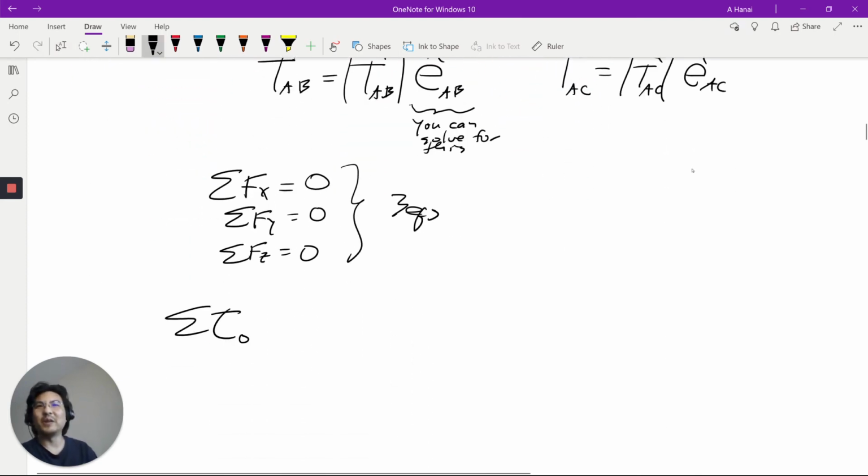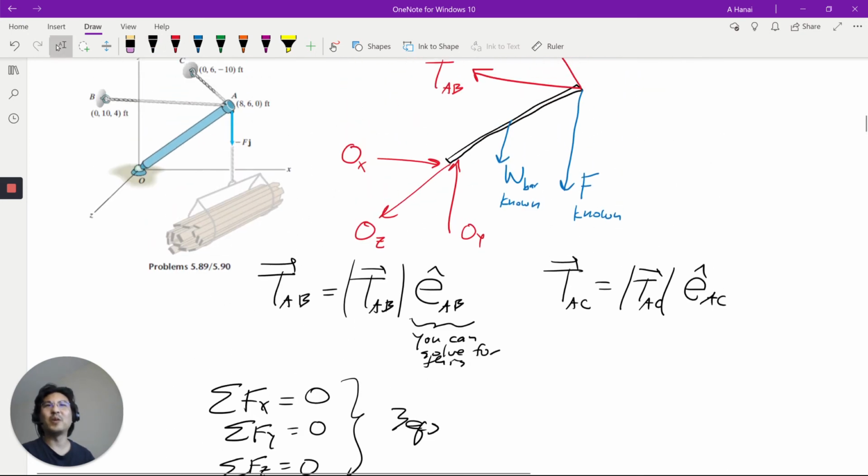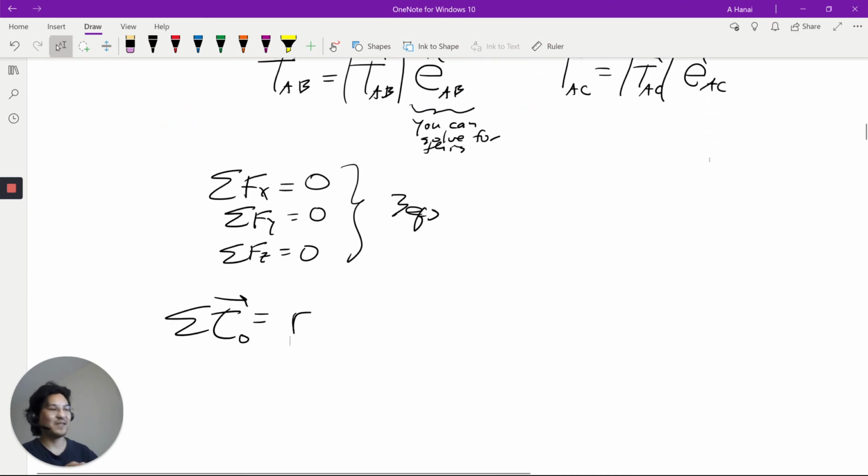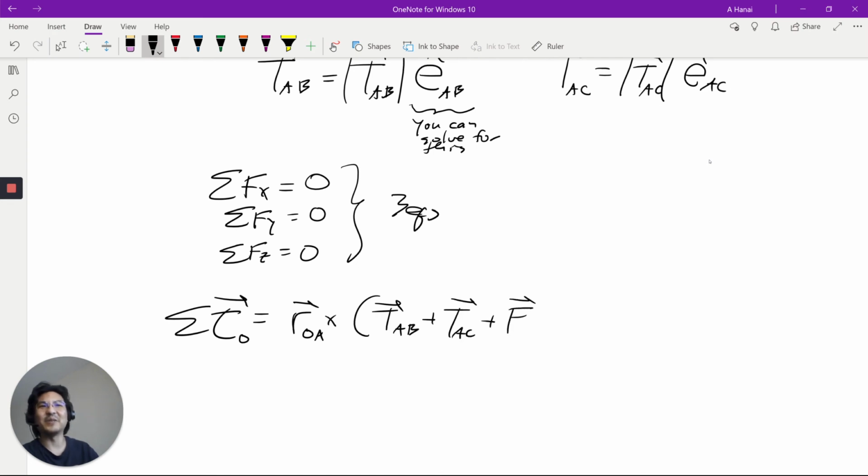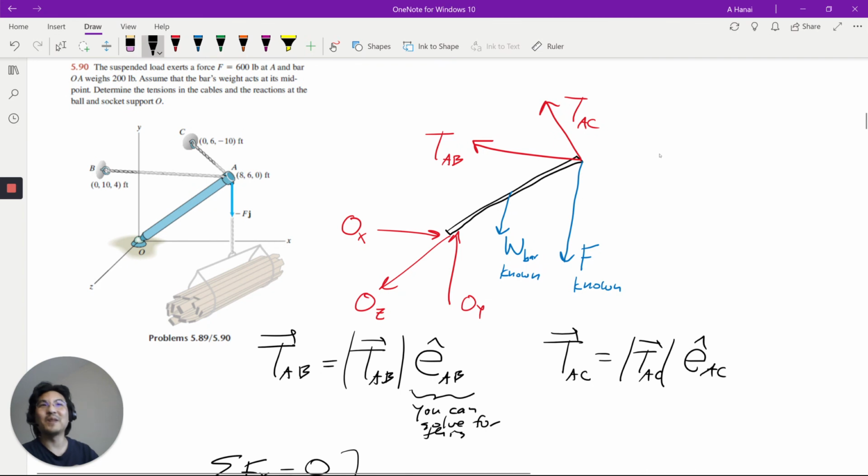Sum torque about point O, right, which is from O to point A, cross, and then there's all those A, B, A, C, and then that other load, plus R from O to the center of the bar. I'll just call this point D, since it's the next letter for labels.